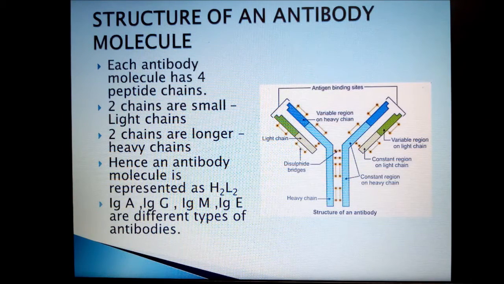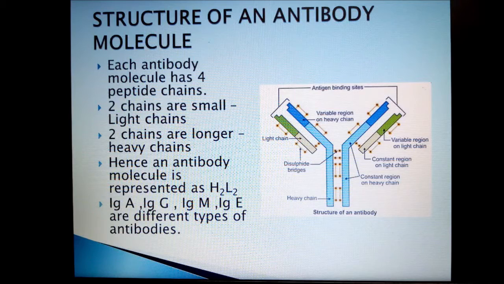They are light chains because they are small in size. The longer chains, which are on the inner side of the Y-shaped structure, are called heavy chains. So, in all, an antibody molecule has 4 peptide chains, 2 small, that is light, and 2 heavy.